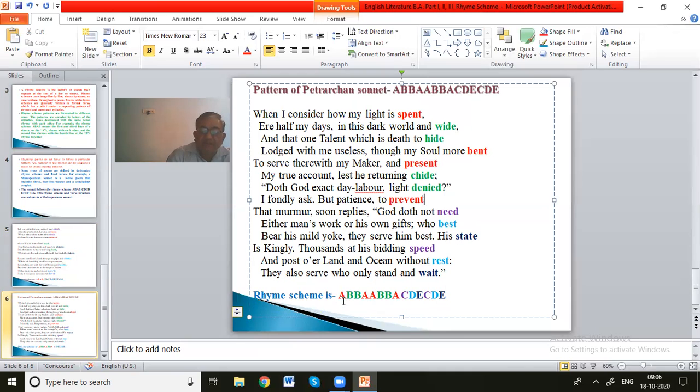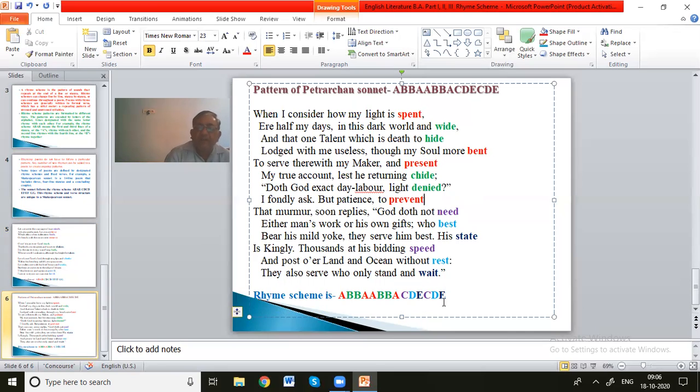It means the first line rhymes with the fourth, fifth and eighth lines. The second line rhymes with the third, sixth and seventh lines. The ninth with the twelfth, the tenth with the thirteenth, and the eleventh with the fourteenth line. This is the rhyme scheme of a Petrarchan sonnet.